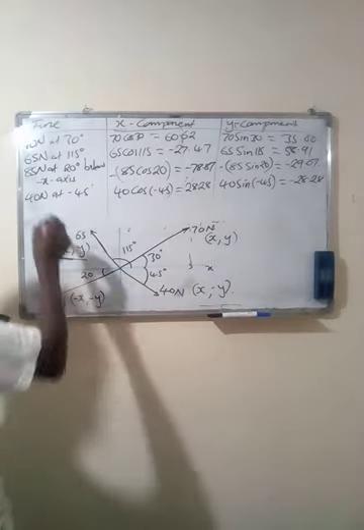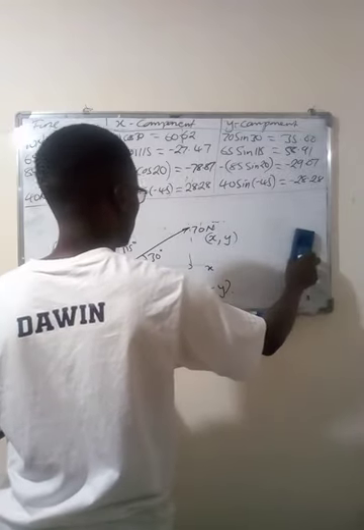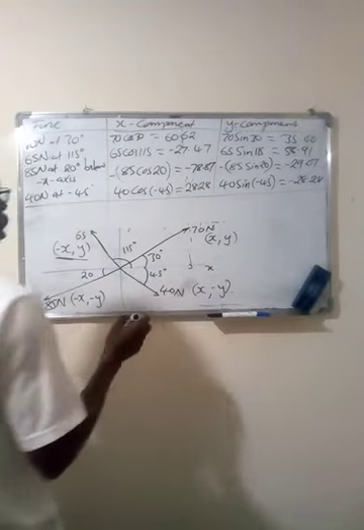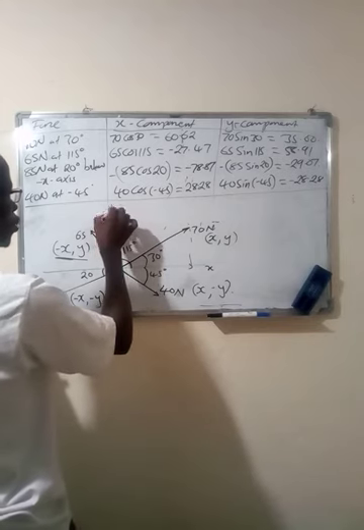So now we need to find the sum. The x component of the resultant force is going to be equal to the sum of all the forces in the x-axis, which is going to be equal to what?